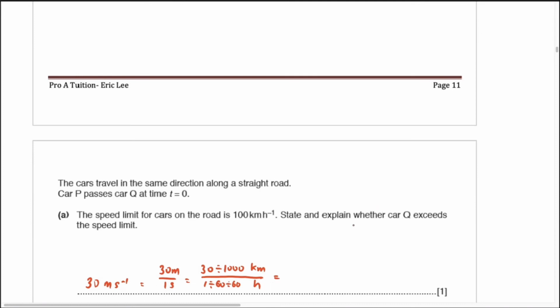So we get 108 km per hour. So I follow their way, km h^-1. So car Q exceeds the speed limit.